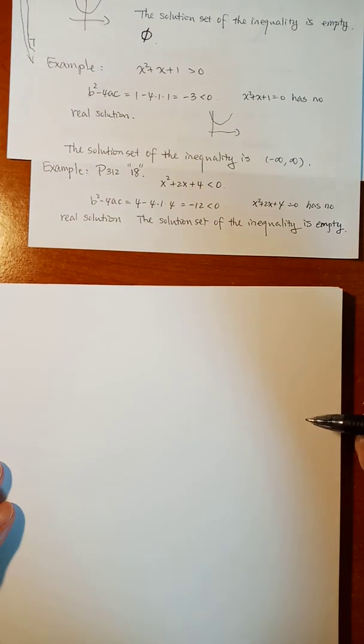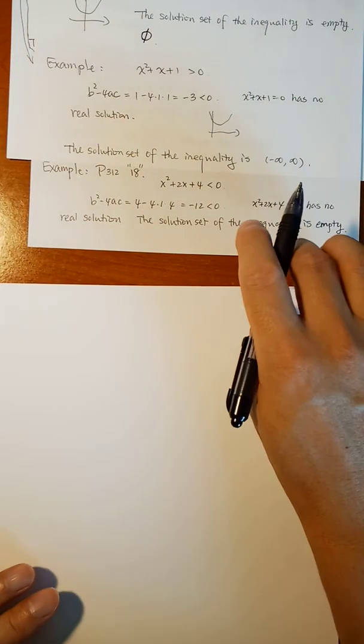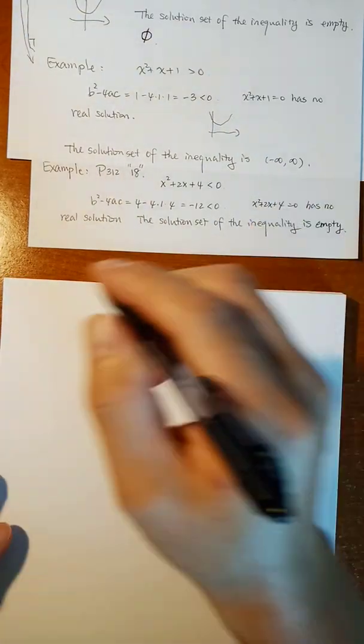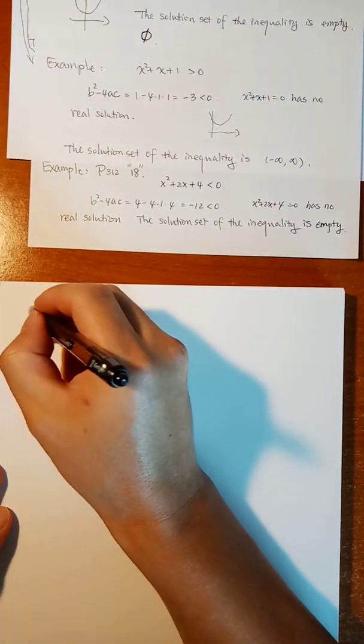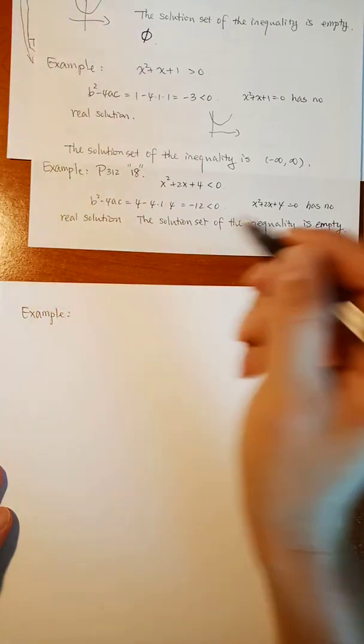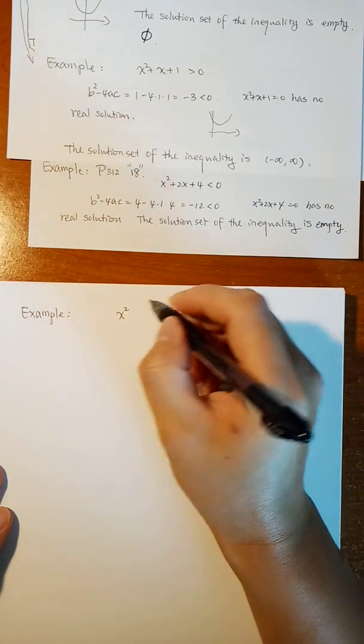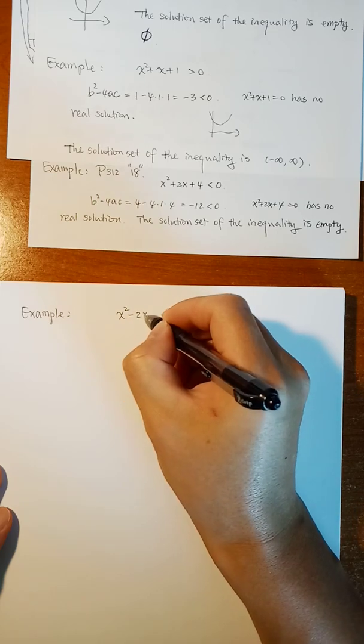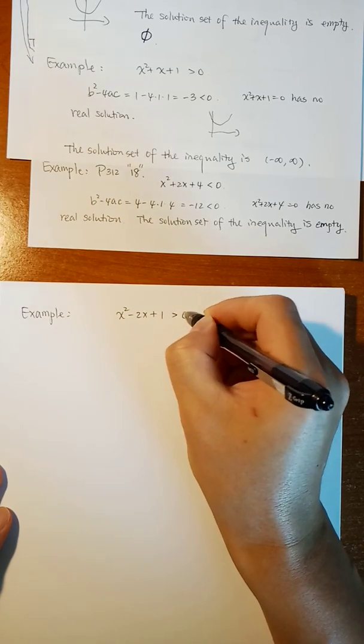Let's see another example. I want to give you one more example. Let me make up an example: x squared minus 2x plus 1 greater than 0.